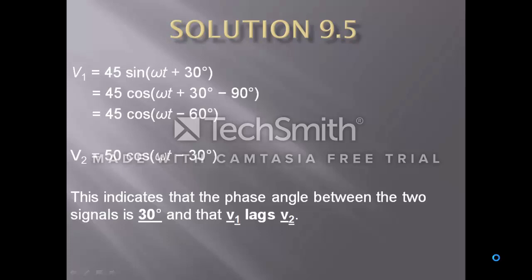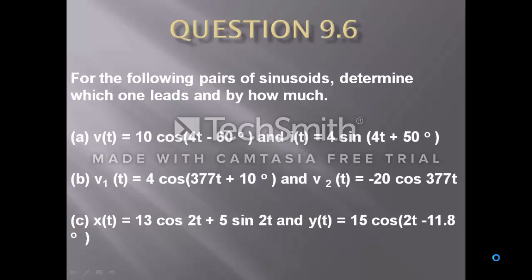To calculate the phase difference, we calculate delta phi, phi 1 minus phi 2, and we get 30 degrees. So the phase angle between the two signals is 30 degrees, and V1 lags V2 by a phase angle of 30 degrees.